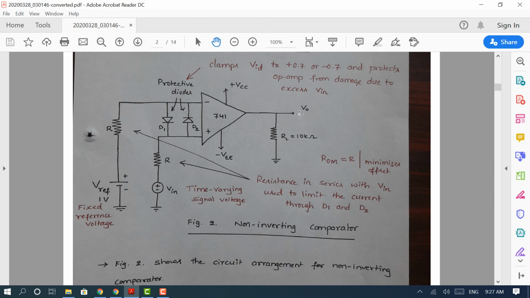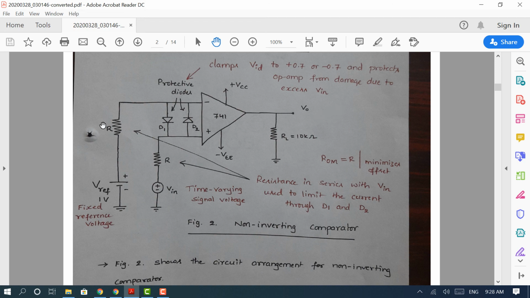So that's how the output of a comparator will be driven into either plus Vsat or minus Vsat, depending upon which voltage is greater between V in and V reference. To conclude, when V in is less than V reference, the output goes to minus saturation voltage. When V in is greater than V reference, V naught goes to positive saturation.